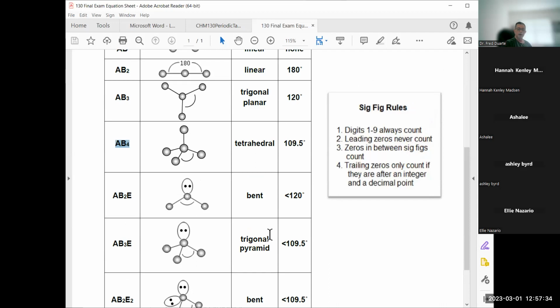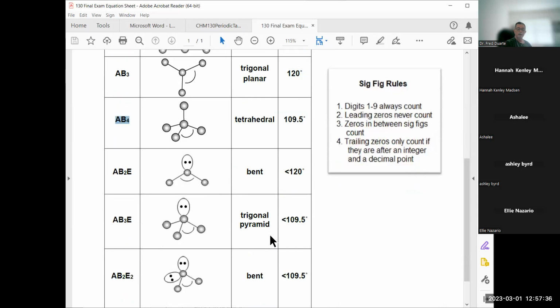Oh, there's no ABE. There's AB2E, like right here. Oh, never mind. I think I saw it wrong or something. Okay, yeah, there's always going to be at least 2 B's for at least 1 E.